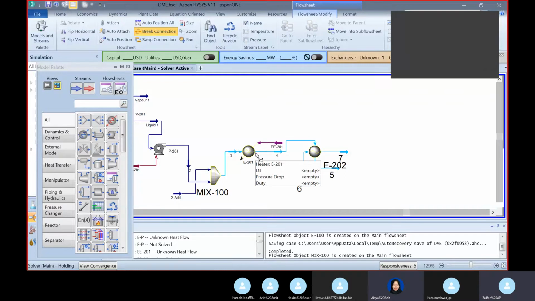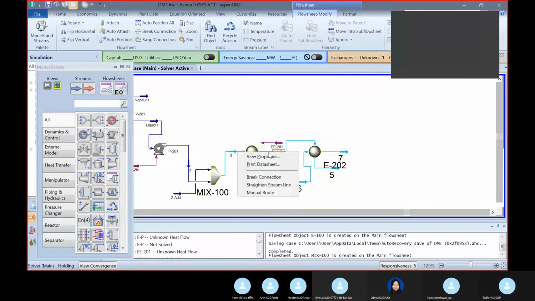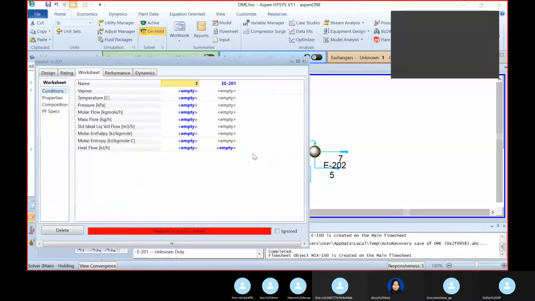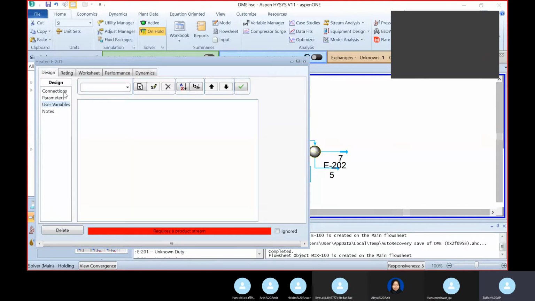To the right a little bit. It has to be like a tick, and then we can just click it. Oh, I didn't know that we can do that. Double click on that exchanger. Go to design, parameters. Nothing. Worksheet, nothing. Duty, nothing, right?